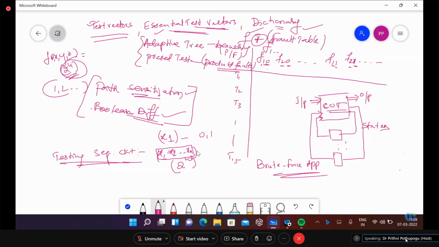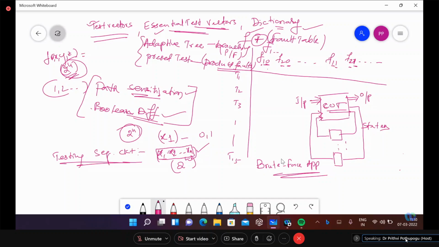If this is one sequence, there are 2 power n such sequences, from 0 to 2 power n minus 1, that means all 2 power n have to be applied, and those 2 power n sequences have to be recorded, which needs much testing time and memory for storing that data. This is not a recommended approach, the brute force approach.